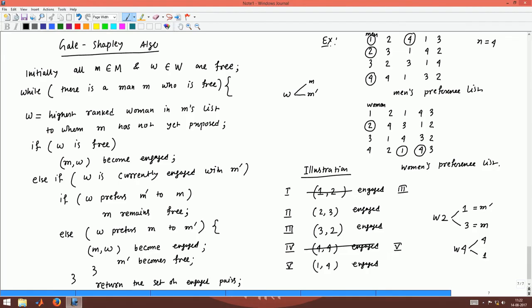Now, we can see at this moment 4 is free again. So, you go inside this while loop, and in the sixth iteration now 4 is the only man who is free.